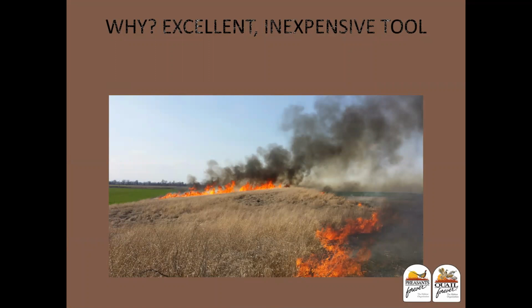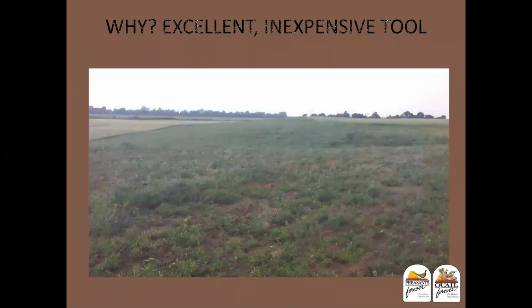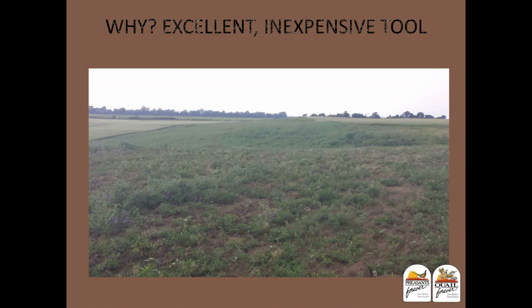So just having some pictures here of it, it's still an excellent and inexpensive tool. So that was while it was burning, and this would be growing in again later that summer.